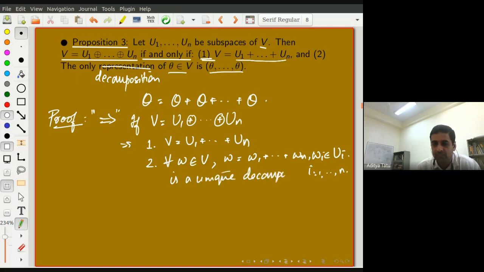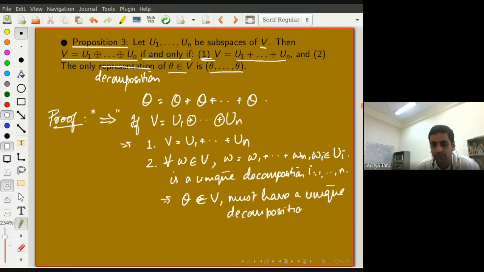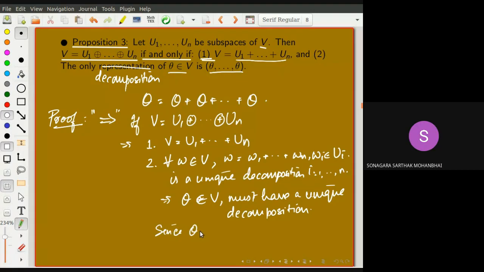So if there is a unique decomposition for every vector in V, then theta also, since it is in V, must have a unique decomposition. But what should be that unique decomposition?